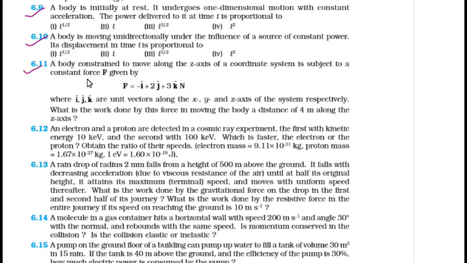So 6.11 question is: a body constrained to move along z-axis of a coordinate system is subject to a constant force F given by F is equal to minus I plus 2J plus 3K Newton, where I, J, K are unit vectors along x, y and z axis in the system respectively.